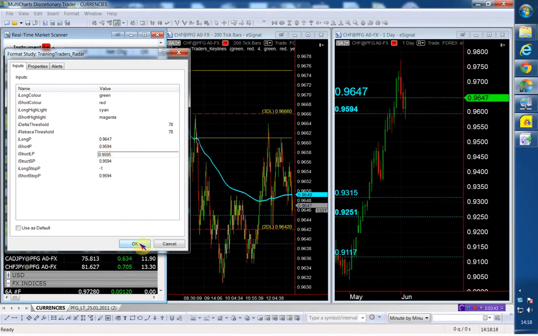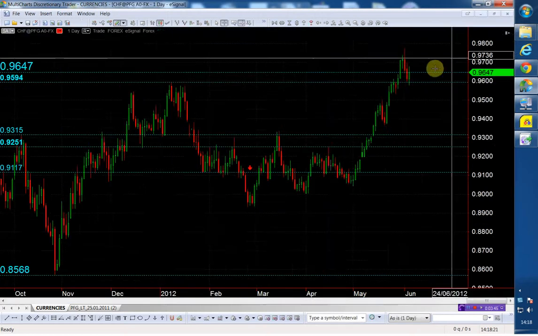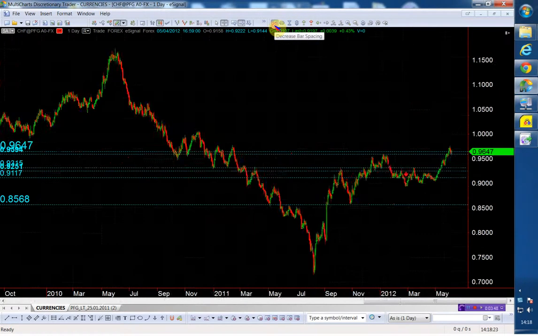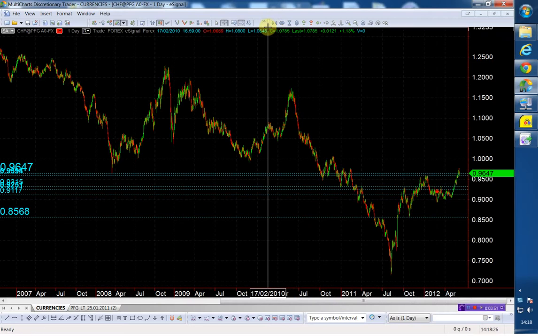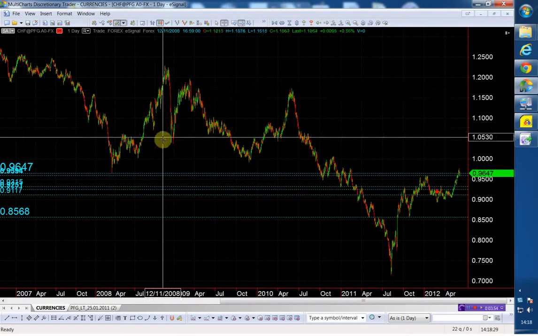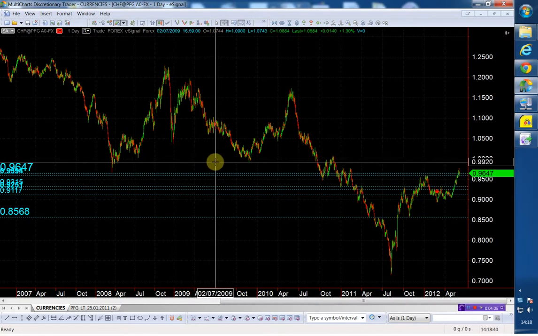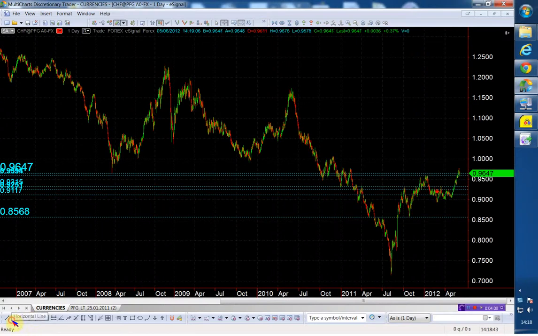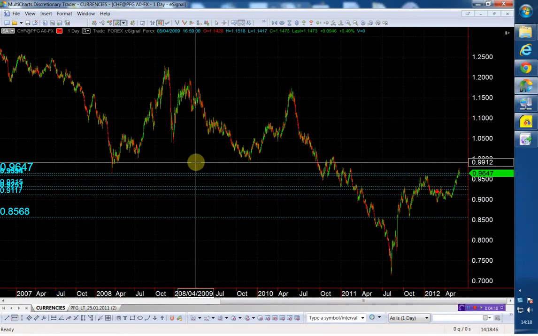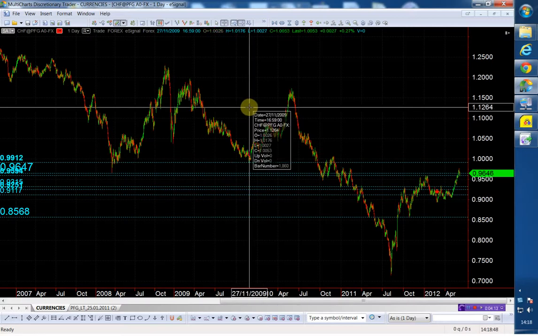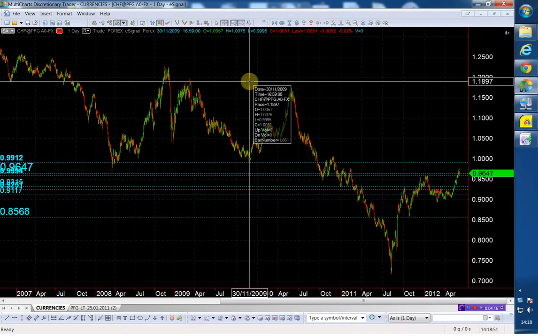And our structure long point, let's see what we have as a structure long point. This would be pretty much the next level, which is the 100.27.